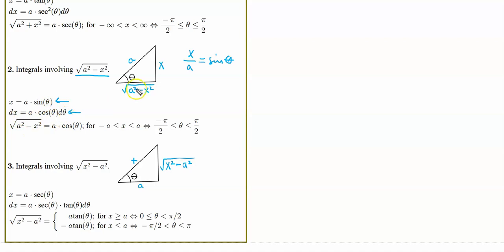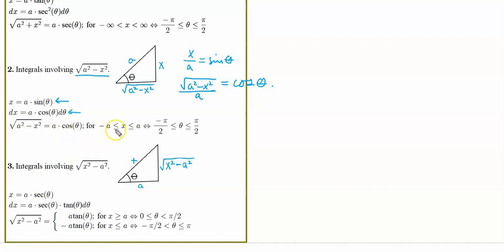And then the square root, notice looking at this diagram, the square root of a squared minus x squared over a, so that's adjacent over hypotenuse, that is going to be the cosine of theta. And so your square root will become a times cosine of theta.